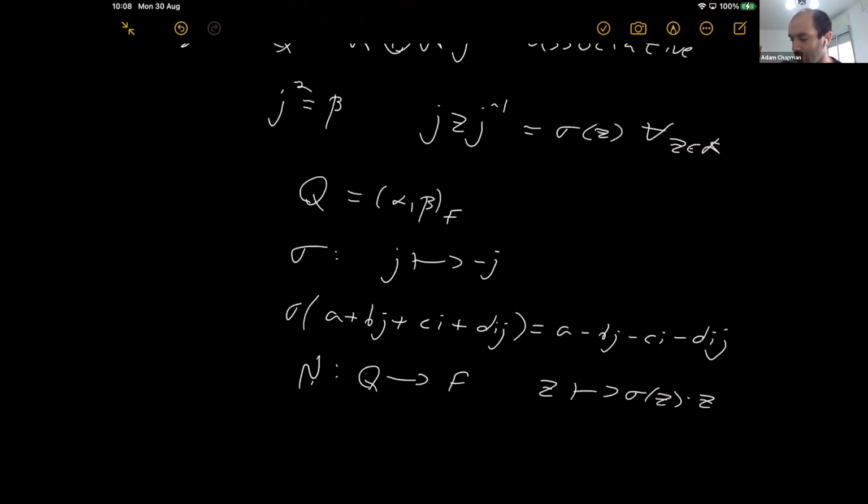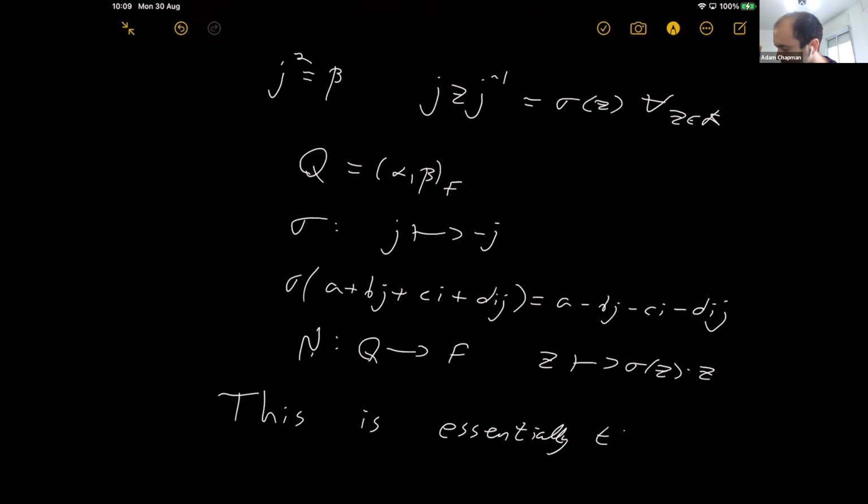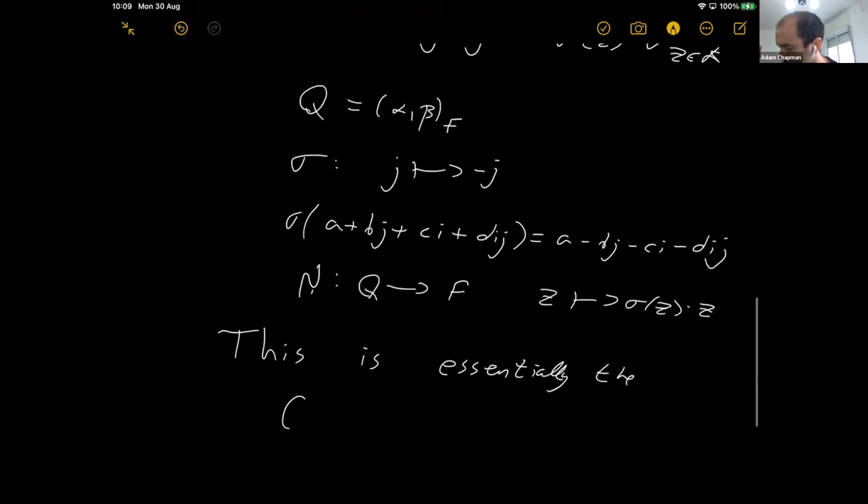But you can repeat this process. So this is called the Cayley-Dickson process, and it can be repeated any number of times you want.